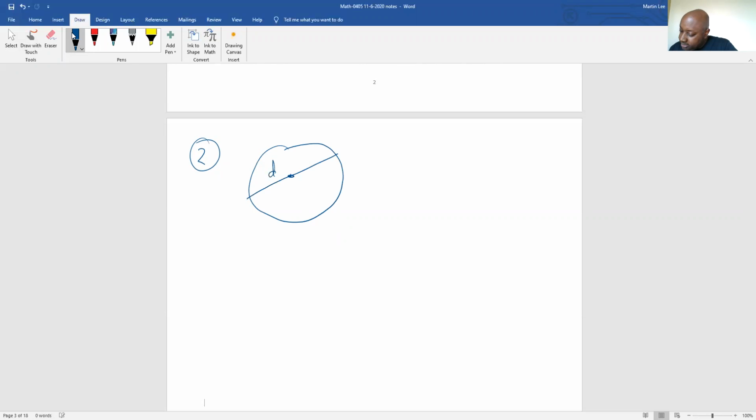And here my diameter equals 8. So we want to find the area of this circle. If my diameter is 8, then my radius is half of that, which is 4.